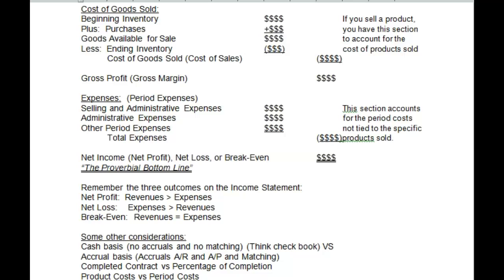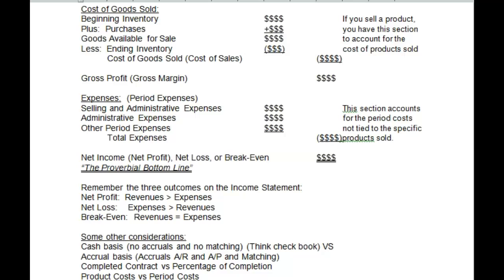So I want to talk about that real quick. There are plenty of people who just want to say, what's the bottom line? Okay, if revenues were greater than expenses, we're going to make a net profit or net income. That's going to be a positive number. If we lost money where expenses are greater than revenues, we had a net loss.